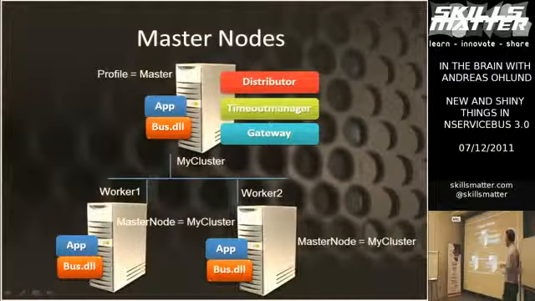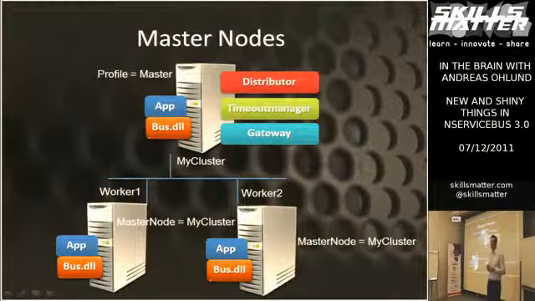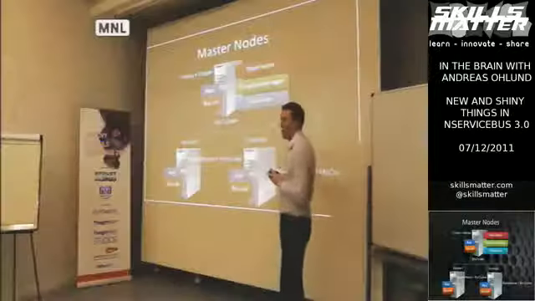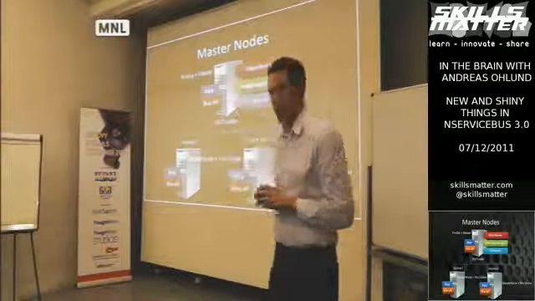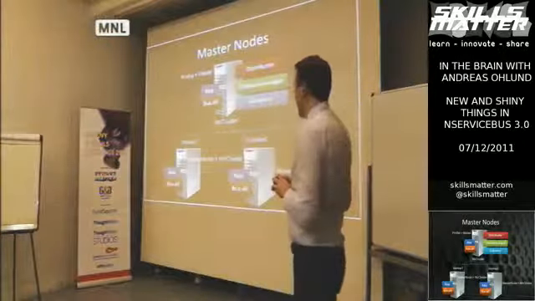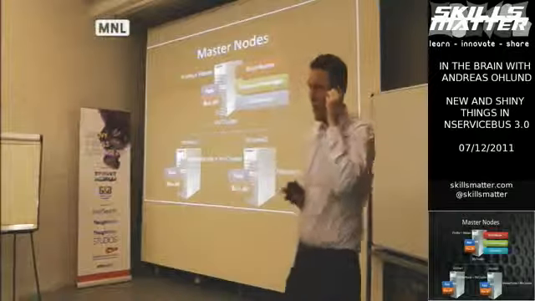On the other machines, you configure those machines, telling them where the master node is. You tell them that this is workable too. Your master node is my cluster. Same goes for worker number 1 there. And that's the only configuration you need to do to scale out.